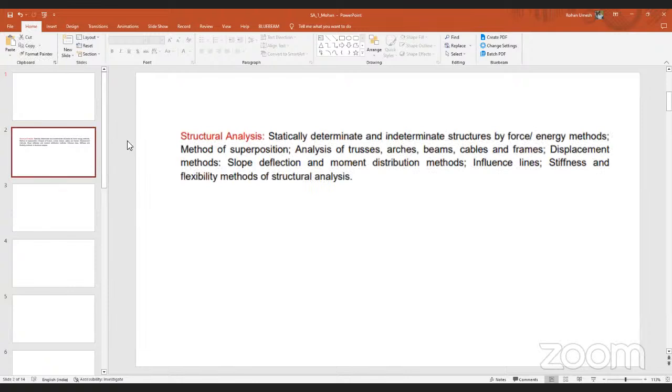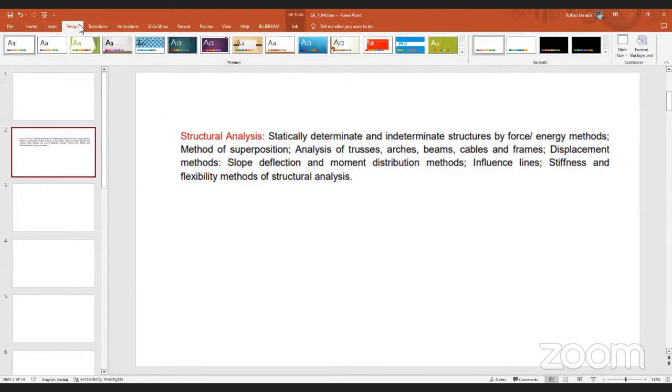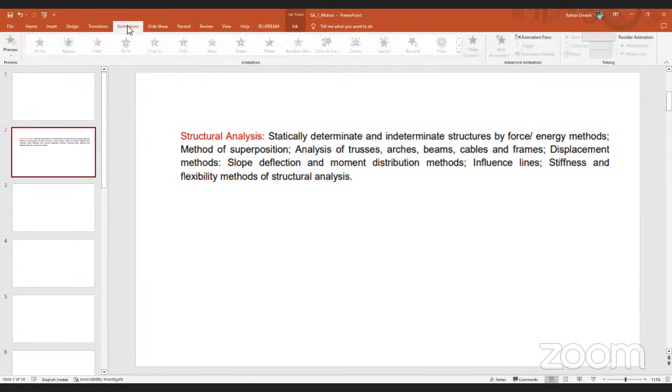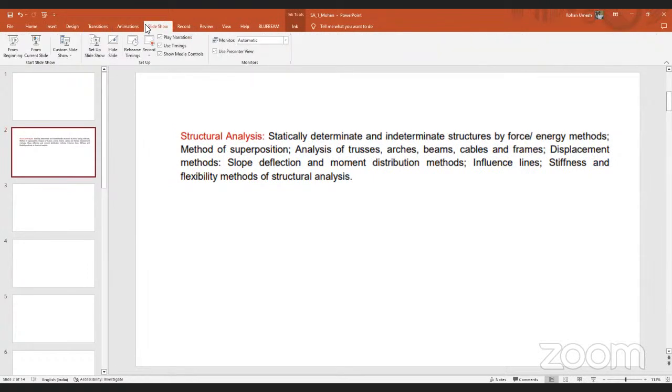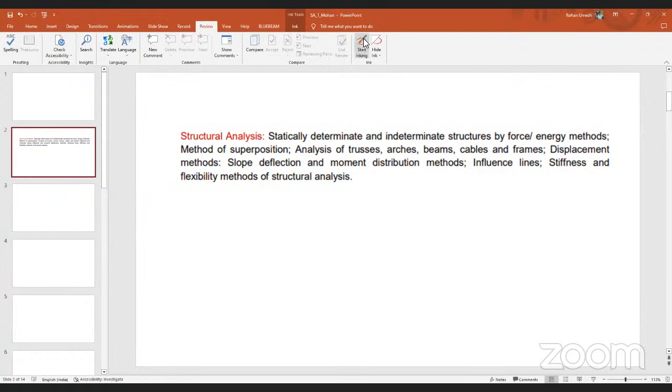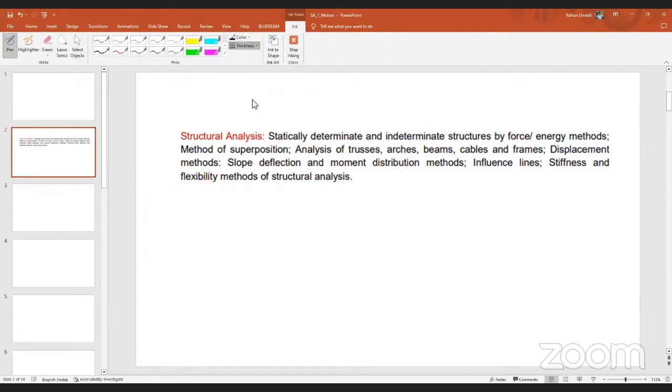So this is the syllabus; I have taken a screenshot from the GATE 2023 website. You might have gone through this syllabus.